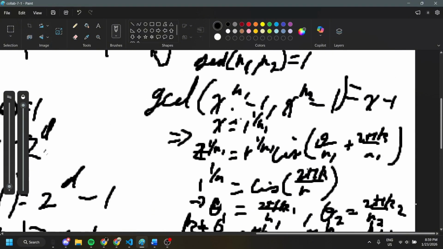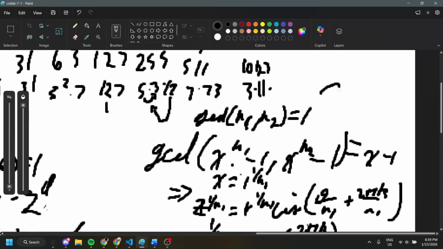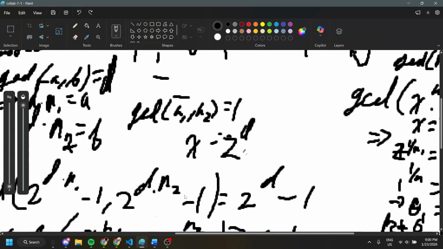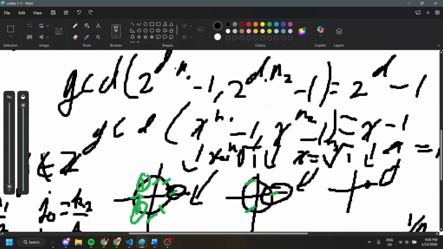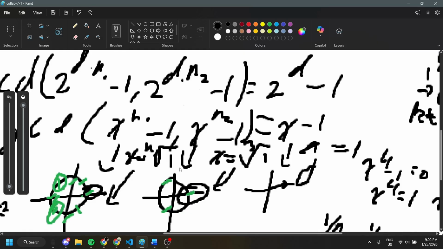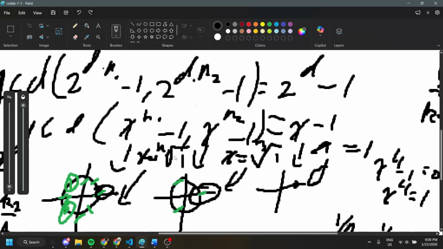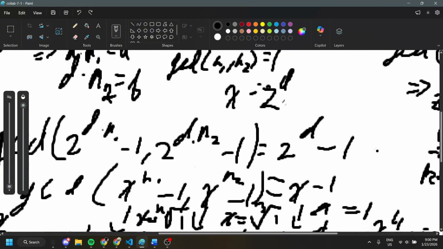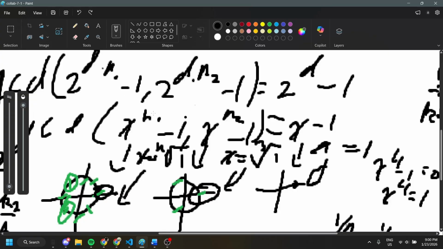So that means that the only possible solution for these is when x minus 1 is the greatest common divisor of this.